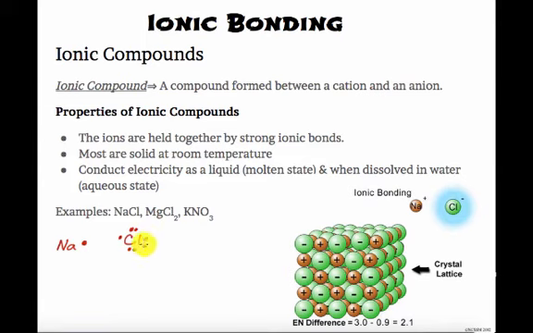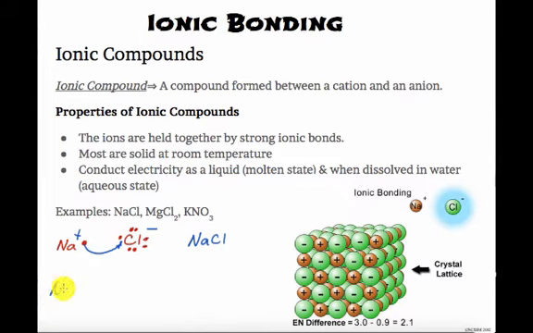So we're just going to represent the electrons with dots around each of those atoms. Sodium is going to lose this electron, and it's going to go over here to chlorine. As a result, we get a positive charge on sodium, and we get a negative charge on chloride. Then we can say, okay, the positive and the negative attract each other, and we get sodium chloride.